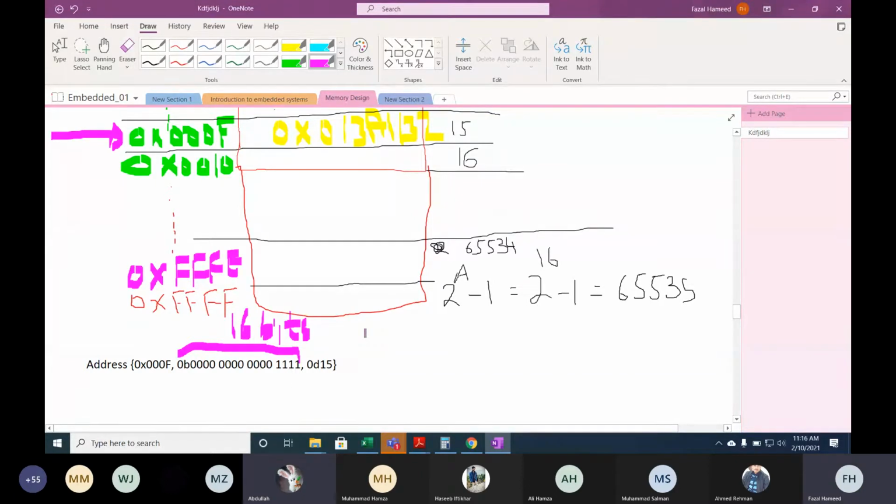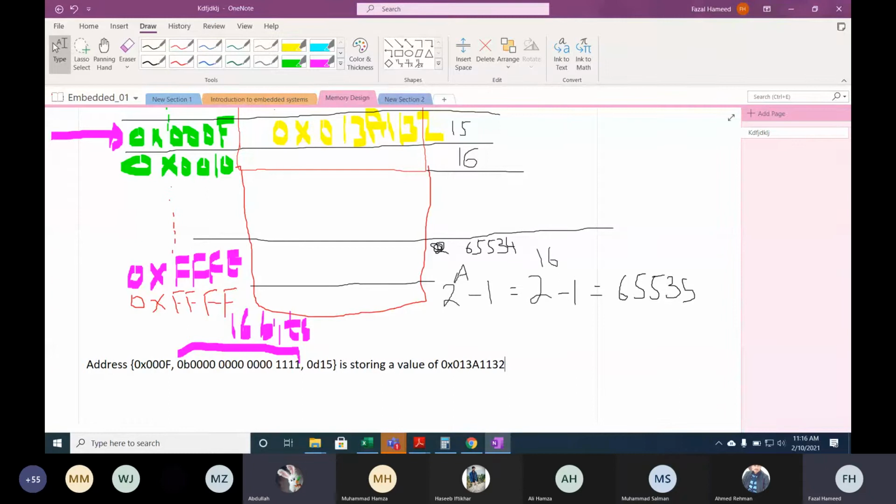So this 16-bit address is storing a value. What is the value of that location? 0x013A1132. Am I right or not?